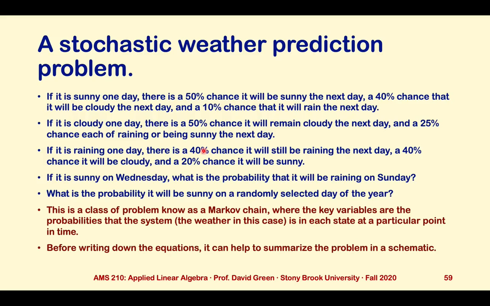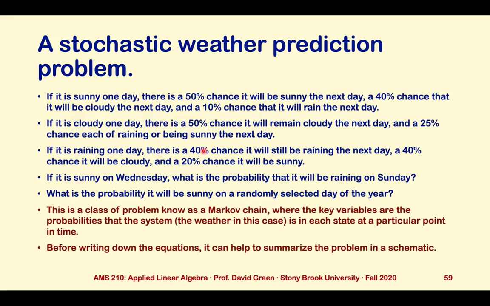This is a class of problem known as a Markov chain, where the key variables are actually probabilities that the so-called system, this is different than a system of equations, but the physical system that we're dealing with, the weather in this case, is in a particular state at a particular point in time.